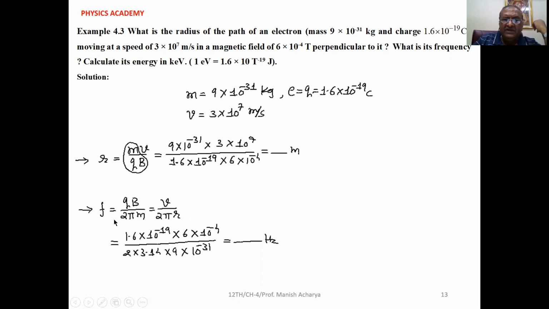Now in the equation f equal to qB upon 2 pi m, substitute q, that is 1.6 into 10 raised to minus 19, B, that is 6 into 10 raised to minus 4, 2 pi, and mass, that is 9 into 10 raised to minus 31. Solve this one, you will get the answer.